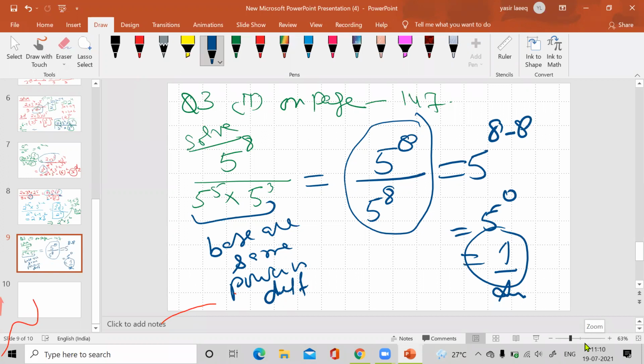Use here also the rule. 2 power 4 into 2 power 5 is 2 to the power 9.